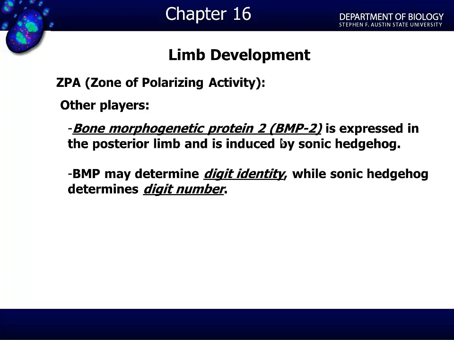So is it a 2? Is it a 3? Is it a 4? Sonic hedgehog, however, appears to be what is determining digit number. And again, we could go through a lot of experimental protocols and papers to try to really bring this point home, but this is sort of a synopsis of what we know as of right now, the players in the forming of the pattern of the limb.